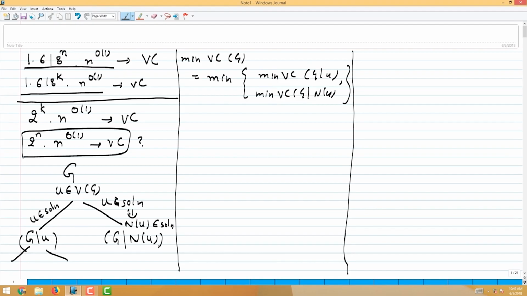And how did you measure the running time of this algorithm? So it's a recursive algorithm, right? So you write a recurrence to measure the running time. So you say, let us say that, what does T(n) denote?